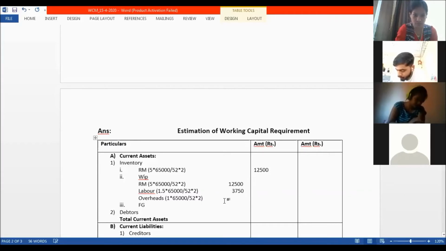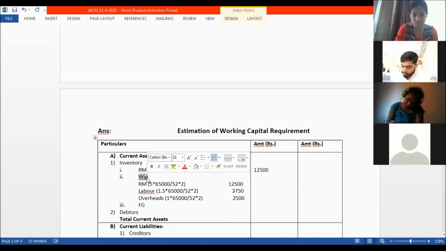Now next, overheads cost. Okay, 1 into 65,000, divided by 52 weeks and multiplied by 2 weeks. So it will come 2,500. Now this together is your WIP cost.